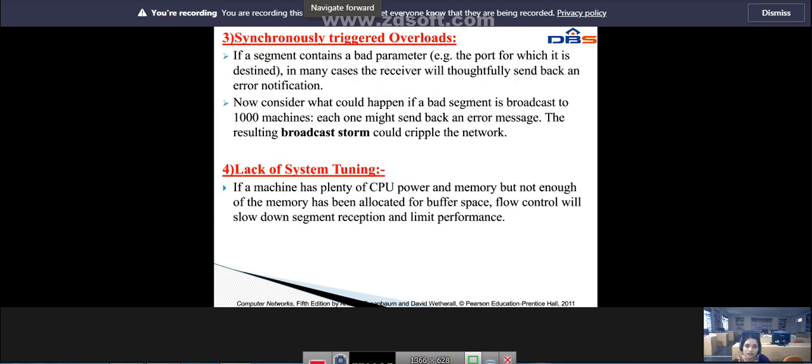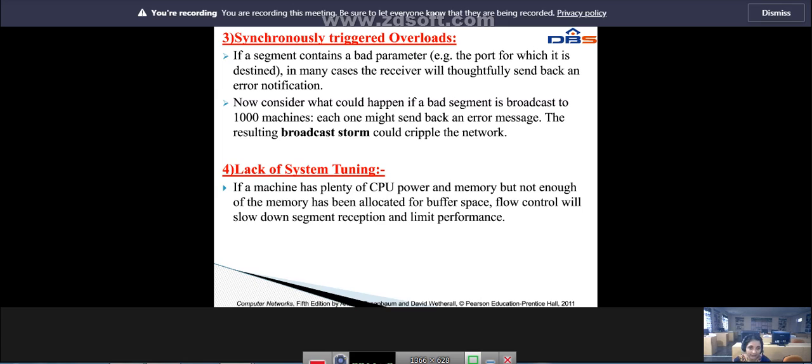Next, synchronously triggered overheads. If a segment contains a bad parameter, for example the port for which it is destined, in many cases the receiver will thoughtfully send back an error notification.